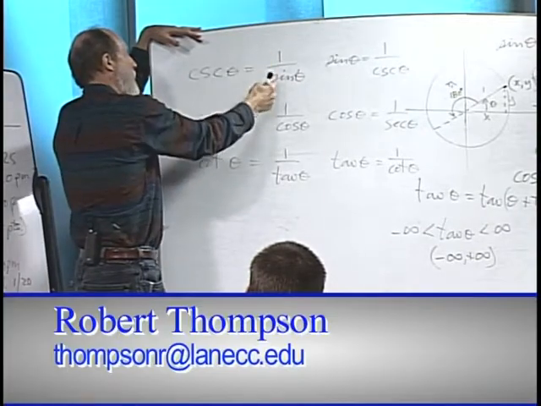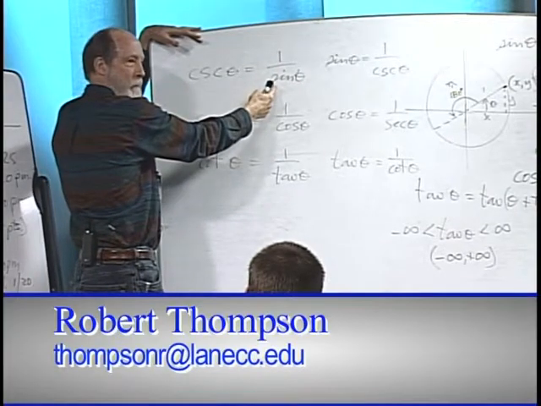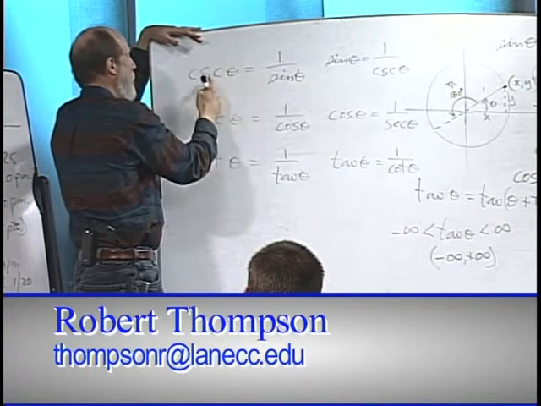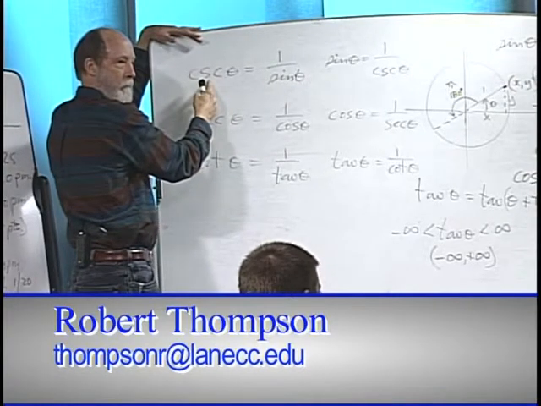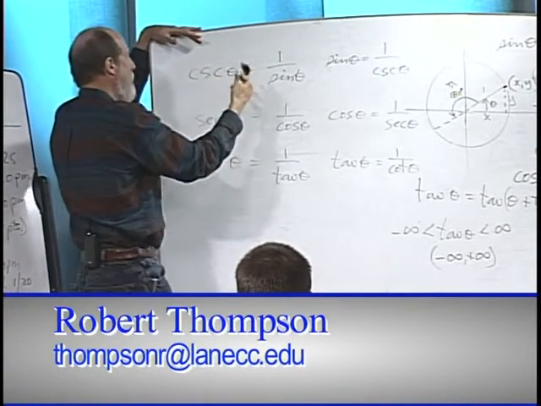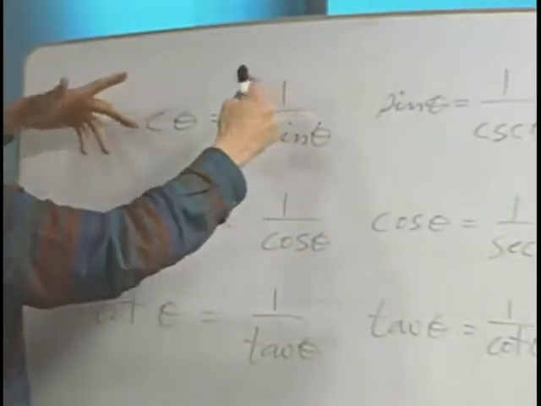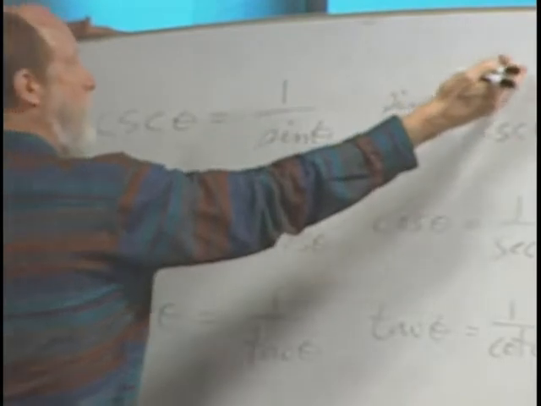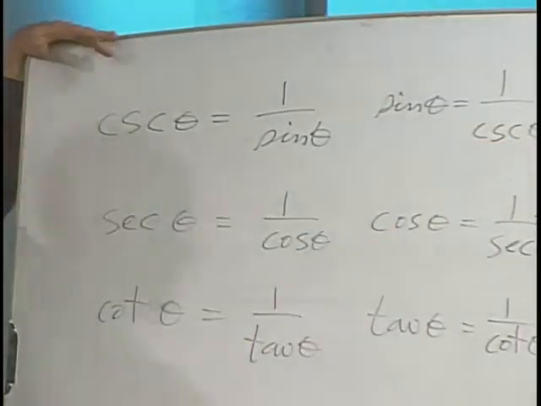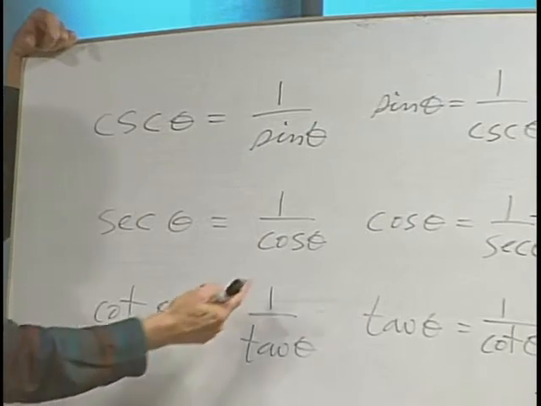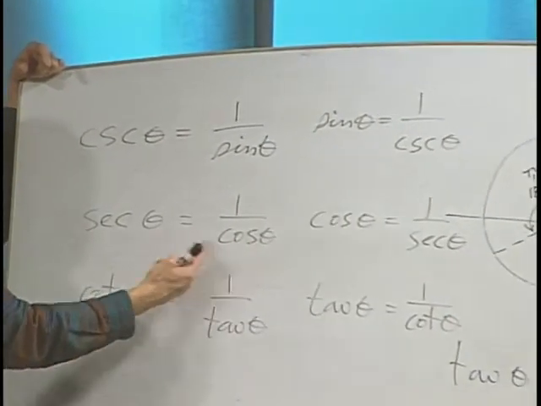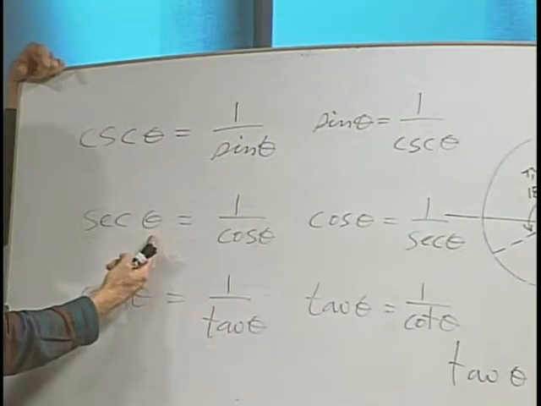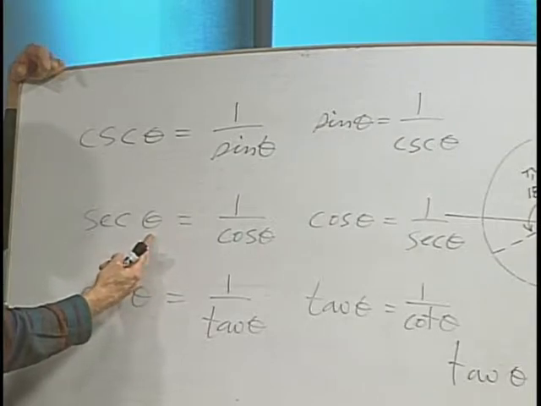The reciprocal of the sine function is called the cosecant function. Or you could flip those upside down through the algebra process: the sine function is the reciprocal of the cosecant function. Similarly, the reciprocal of the cosine function is the secant function, and this is in any trigonometry textbook.